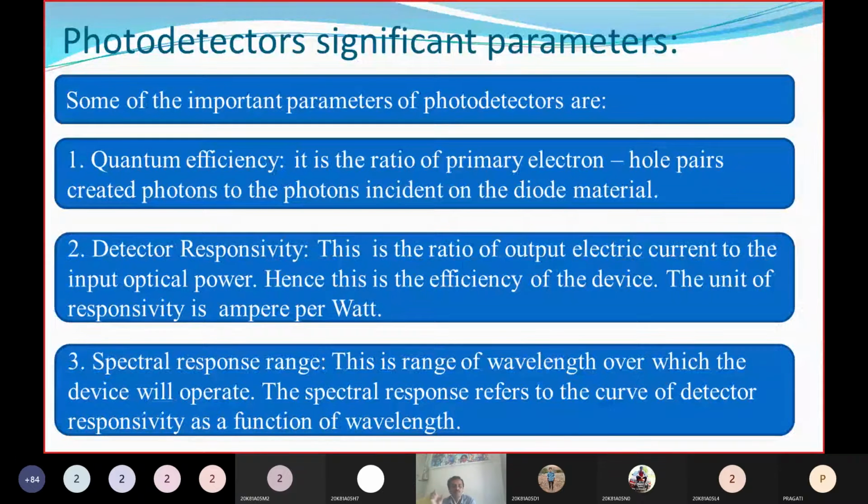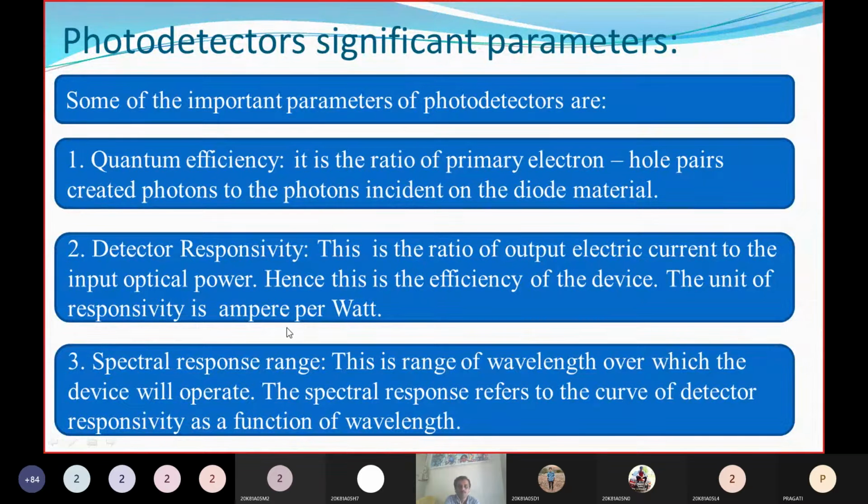It works on a particular wavelength region, depending on the band gap between the valence band and conduction band. So this also acts as a significant parameter for photodetectors.